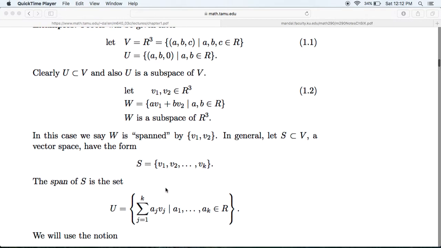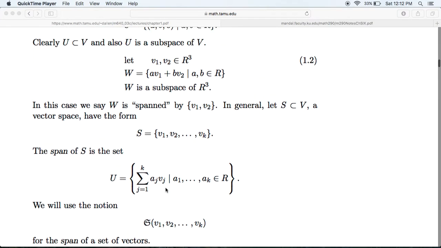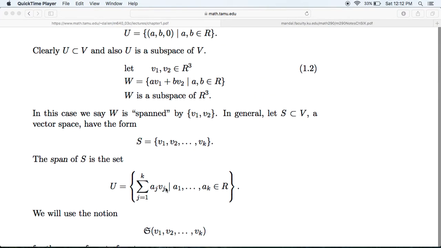Now there exists a notion called span. But before span, I should say what a linear combination is.